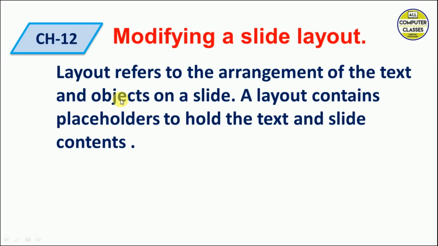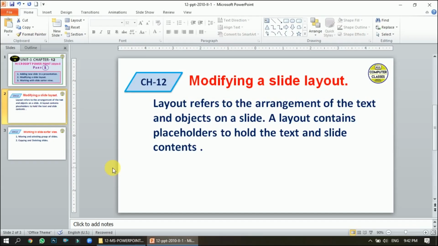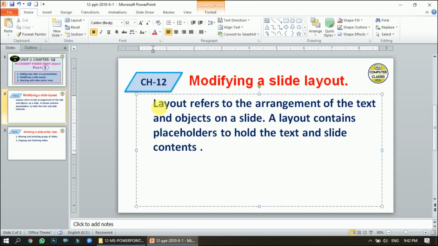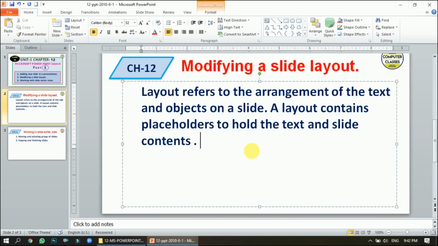How we arrange this text and these objects is done with the help of placeholders that hold the text and objects on the slide, right? So what are these placeholders? Let me show you. This box, the dotted line that you can see on the screen, is a placeholder.